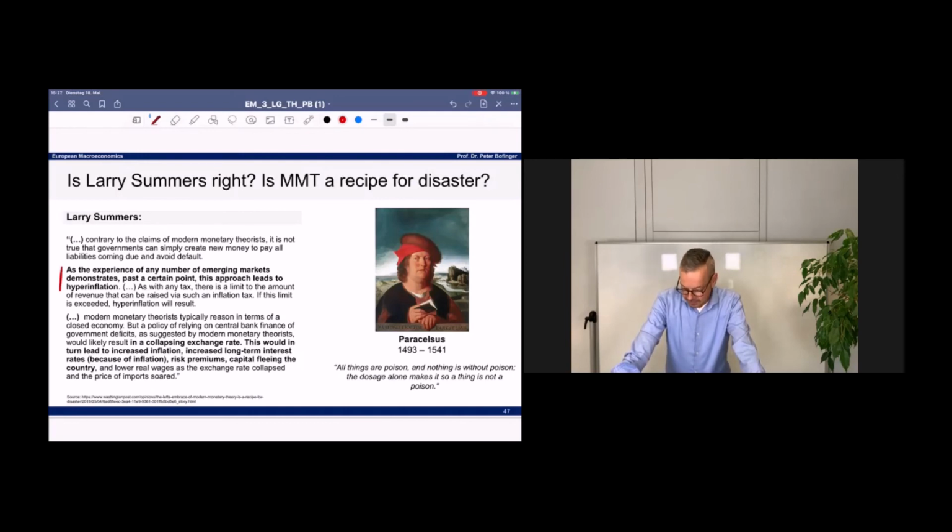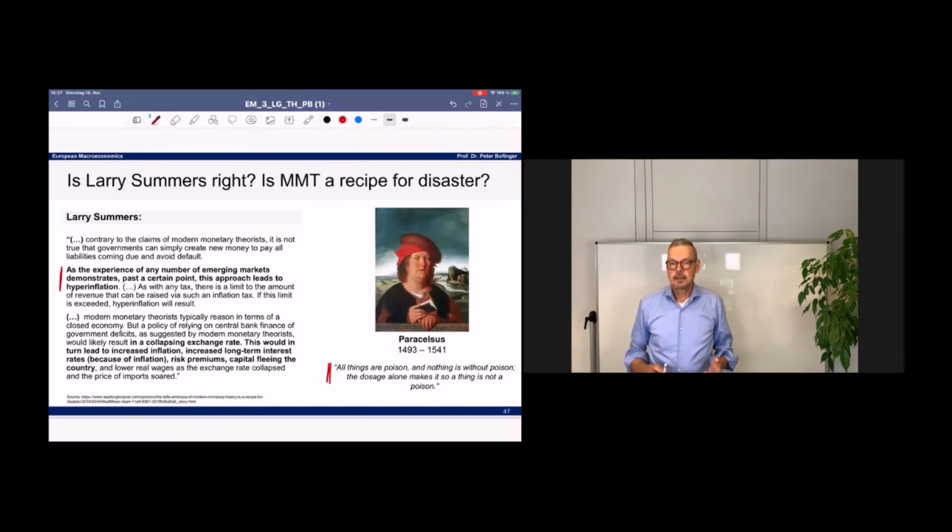And that's why here is the nice chart of Mr. Paracelsus, from whom we have the following quote: "All things are poison and nothing is without poison. The dosage alone makes it so a thing is not a poison." And if Larry Summers talks about MMT and central bank financing of governments, it's the same as if you talk about alcohol.